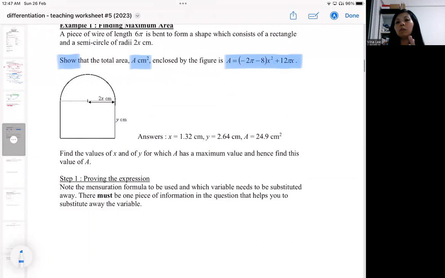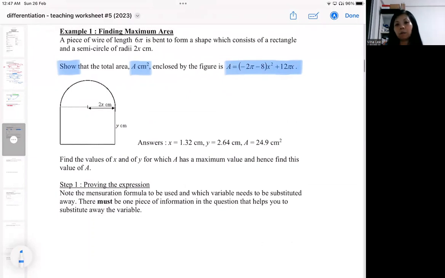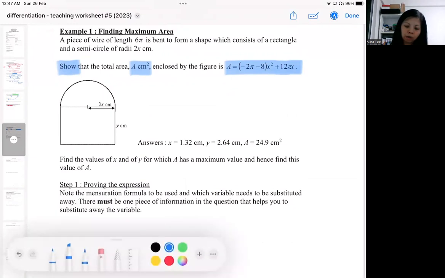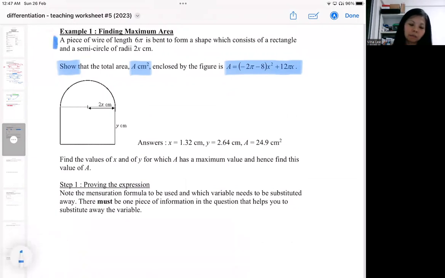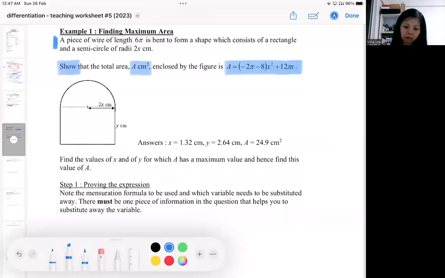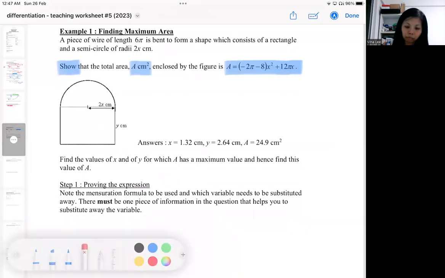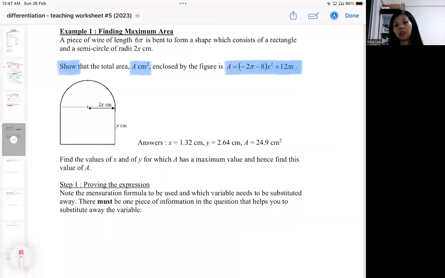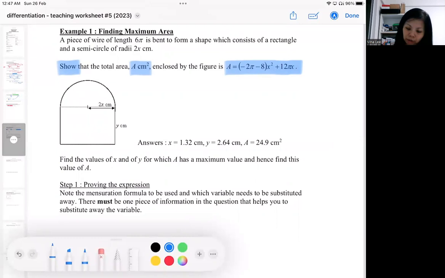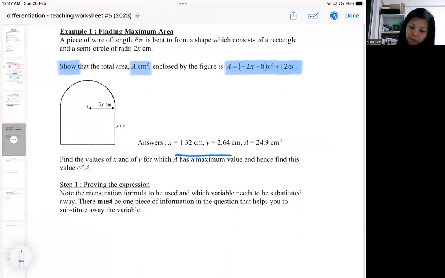So they will like you to come up with this formula, but they only give you something about the wire and they gave you the radius or the dimensions. So that will actually be the challenging part, because after the showing, this is the area in one variable.